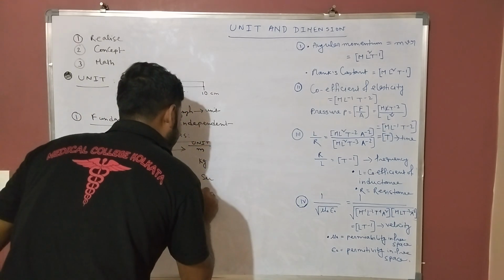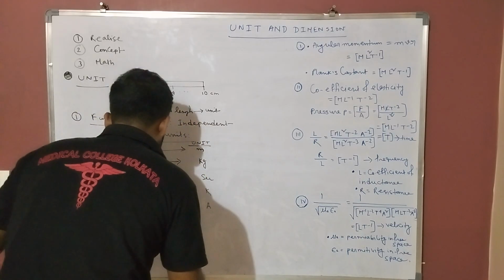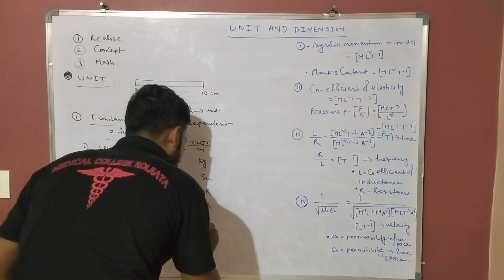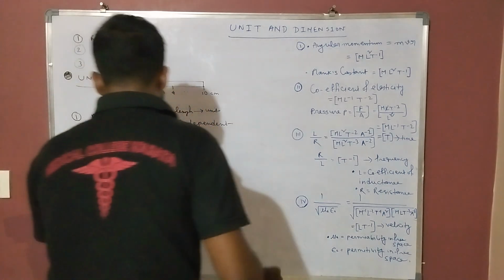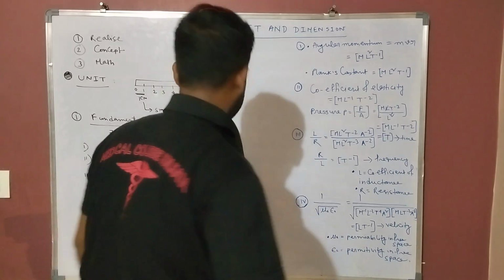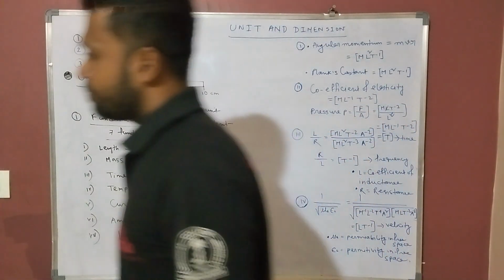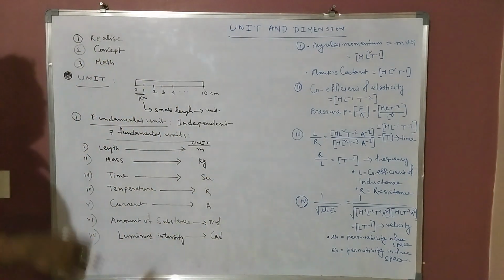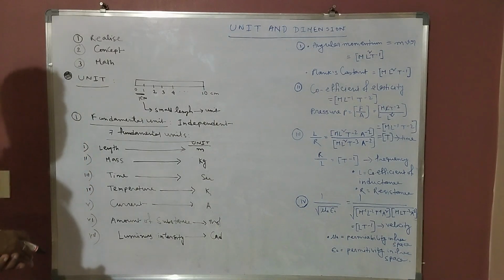Unit of temperature? Kelvin. Unit of current? Ampere. Unit of amount of substance? Mole. Unit of luminous intensity? Candela. Understood or not? These 7 units are not dependent on other units. They are totally independent.